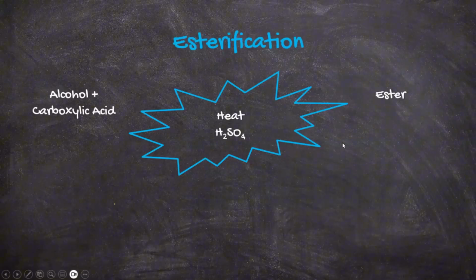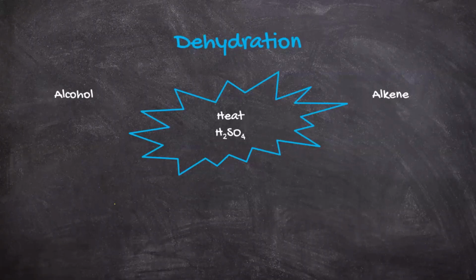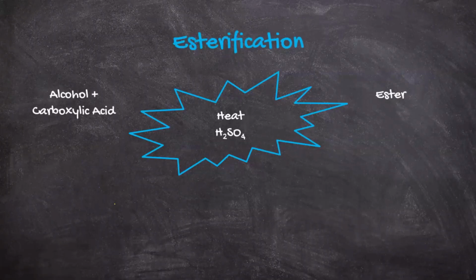Then esterification is a special type of dehydration reaction, and I'll show you why. Because when you have an alcohol and a carboxylic acid, let's draw something. Let's draw methanol, H's. Okay, I'm not going to draw all the H's. OH. That's methanol. And let's draw ethanoic acid.